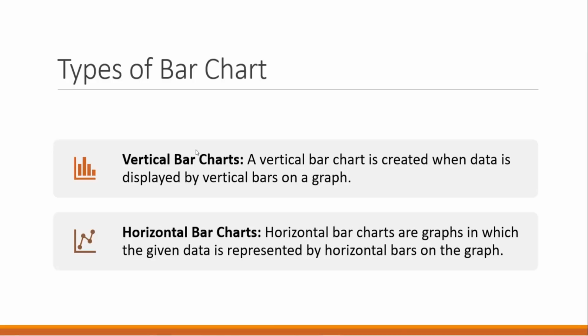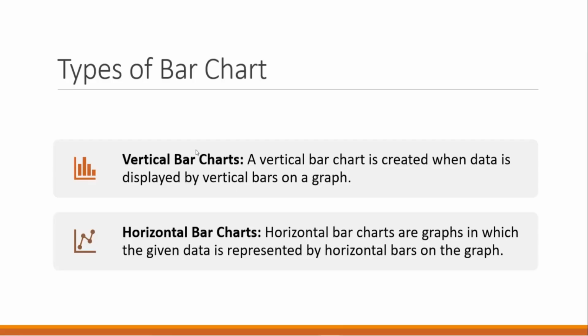So let's start with the vertical bar chart. A vertical bar chart is created when data is displayed by vertical bars on a graph, and the data is represented by these vertical rectangular bars. On the x-axis and the y-axis, rectangular bars are drawn vertically, and the quantity of the variable indicated on the x-axis is represented by the rectangular bar.